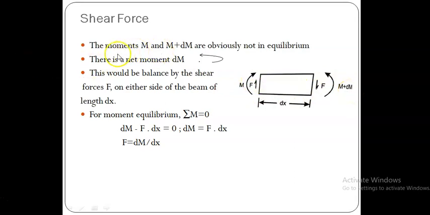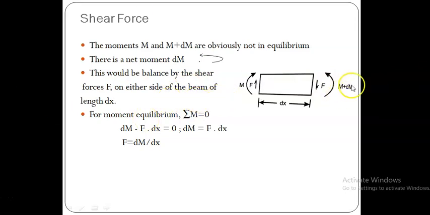Here the moments M and M plus dM are obviously not in equilibrium. There is a net moment dM, which may be in anti-clockwise direction. This would be balanced by shear forces F on either side of the beam of length dx.